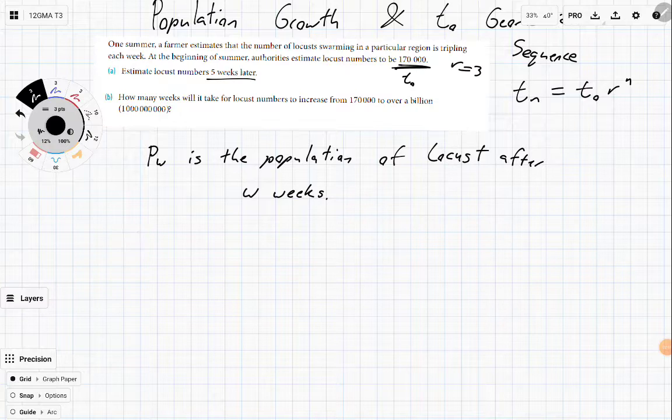Okay, so let's start off with the T0. So we know T0, not T0 anymore. It's now P0 is equal to 170,000. R is equal to 3, and N, our count is now W, so W is equal to 5. Alrighty.